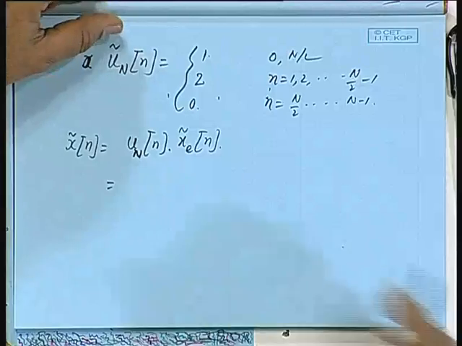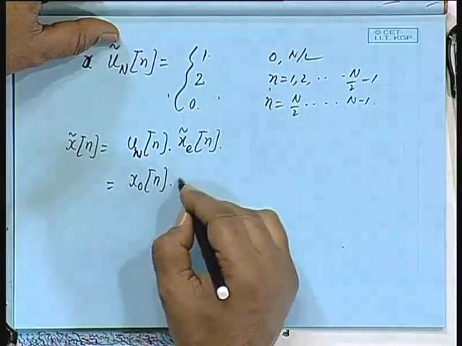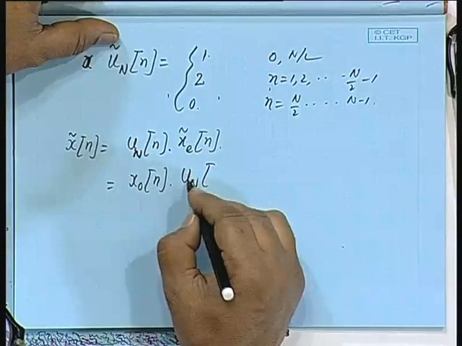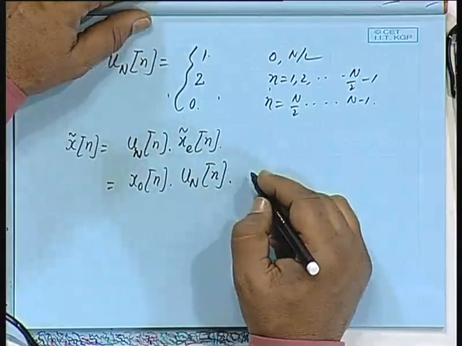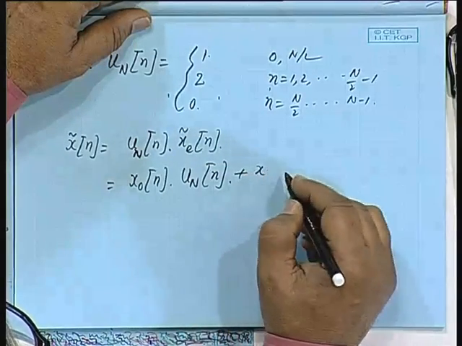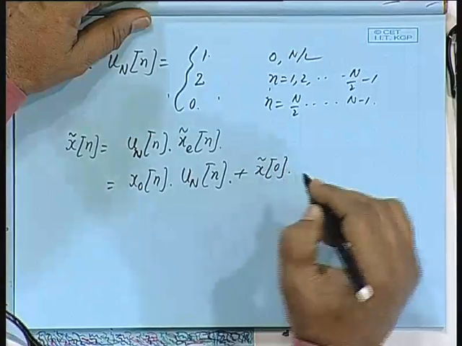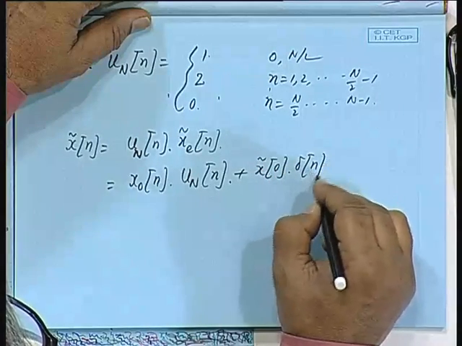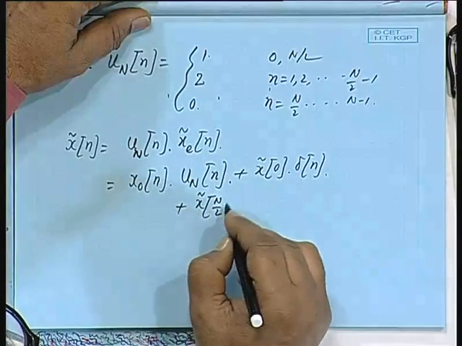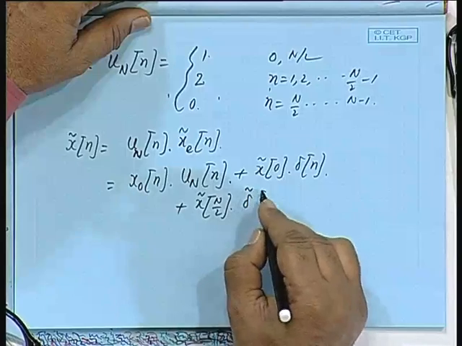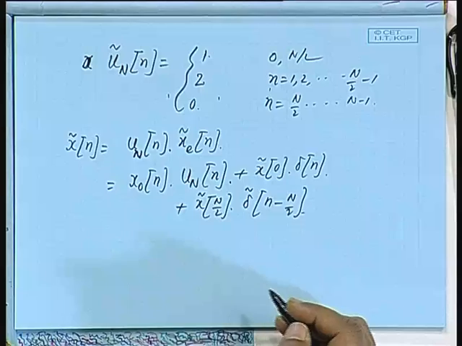So, I can also write this as x 0 n into u n, okay, plus x at 0 delta n plus x at n by 2 into delta n minus n by 2. Okay.